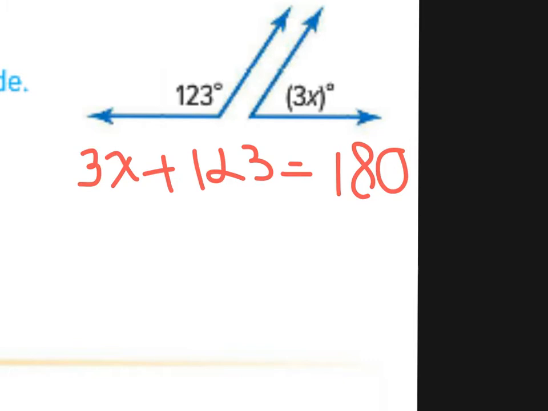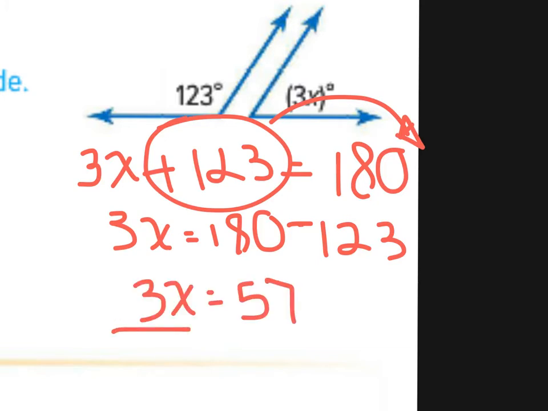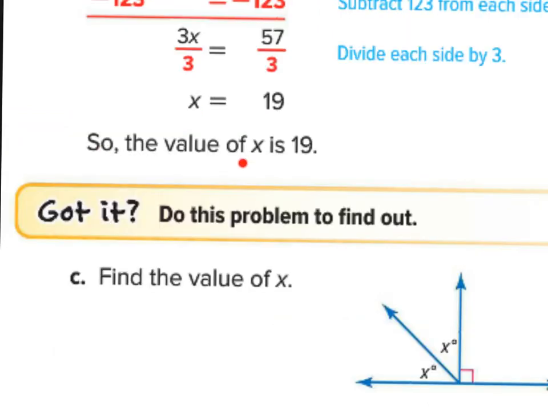So let's solve. After dividing by 3, x equals 19. There you have it.